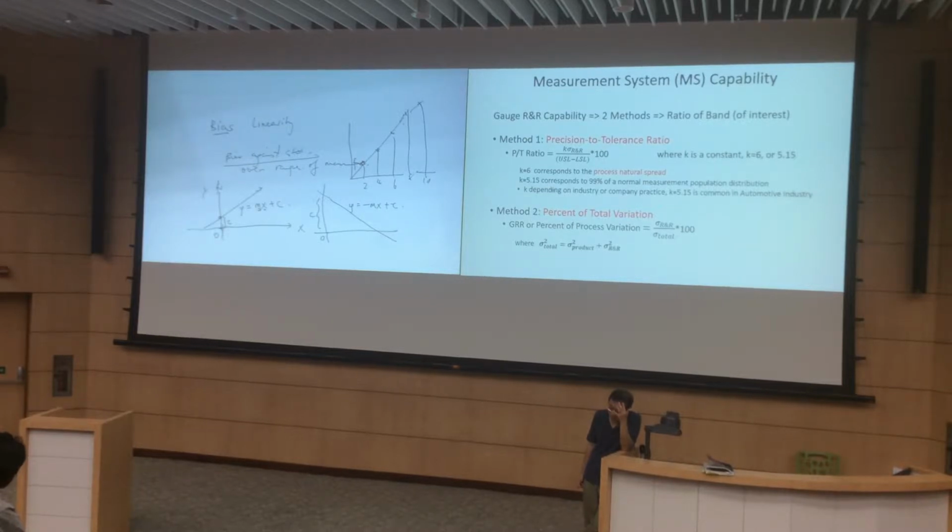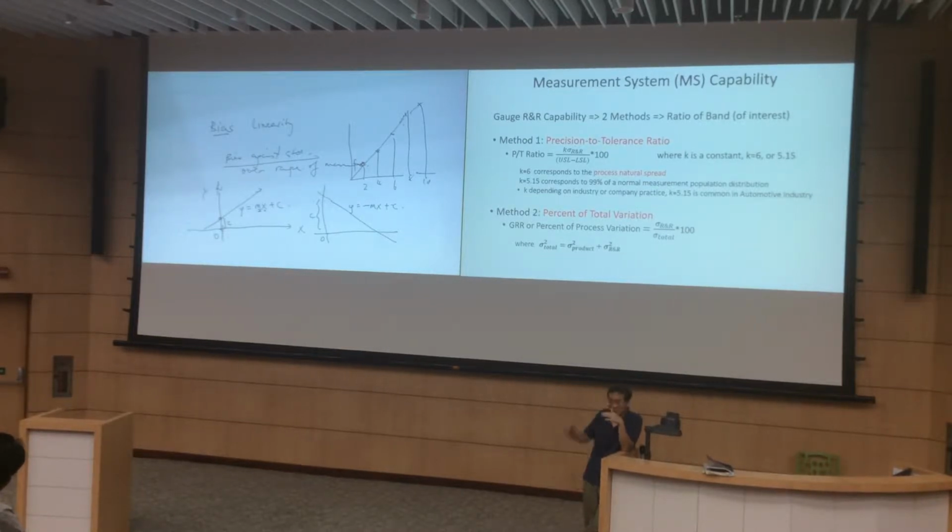The product tolerance, the upper spec limit minus the lower spec limit, is the tolerance. We want to compare the measurement equipment error with respect to the specification tolerance: how comfortable are we? That's one scenario.